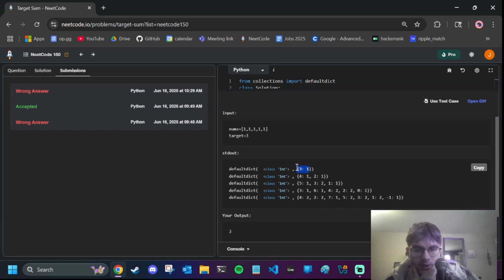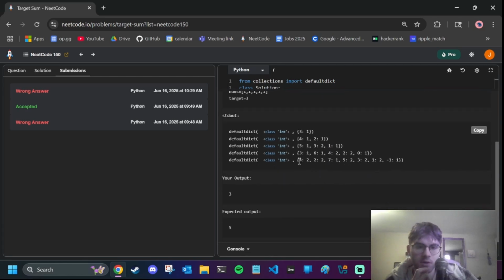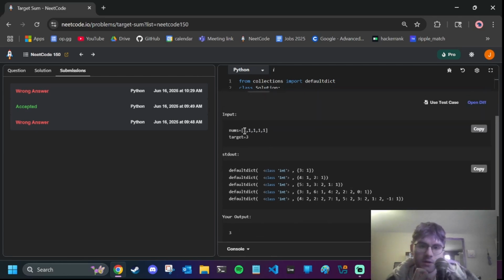So it starts with 3, and then we go 4, 2, and then we go 5, 3, 1. And we go 3, 3, 6, 4, 2. Alright, and the last one is 1, right? So it should sum together 1 and -1. But the answer is really 5. The answer is 5.